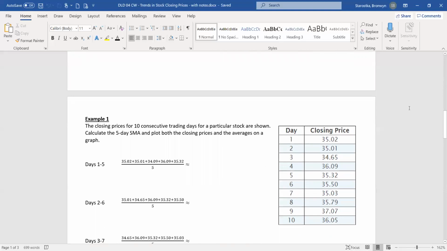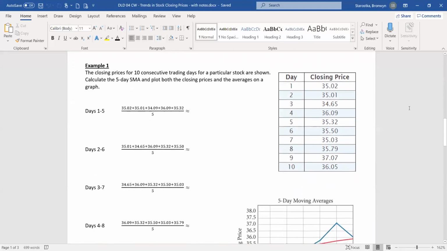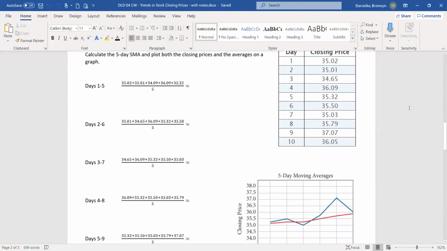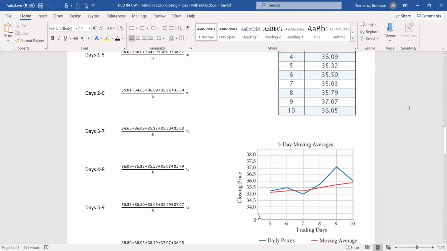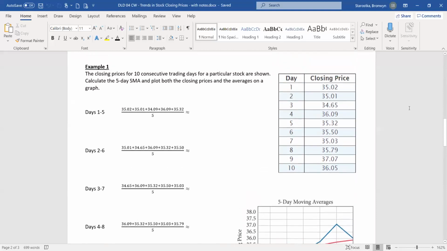All right, one way you can do this, you can just find the average for days 1 through 5, the average for days 2 through 6, the average for 3 through 7, the average for 4 through 8, the average for 5 through 9. So here we go.